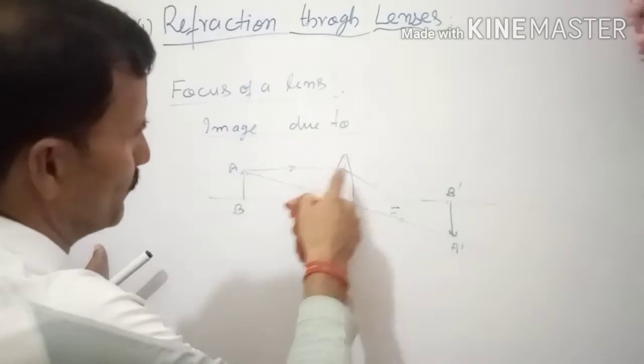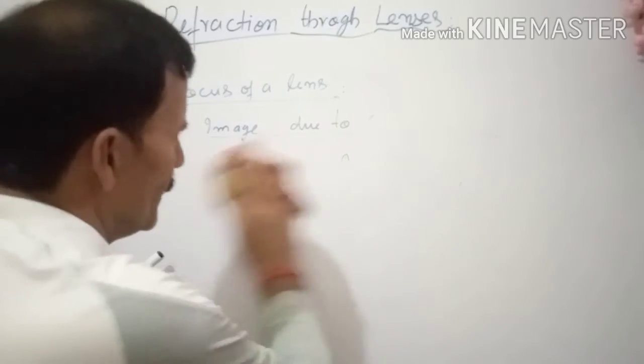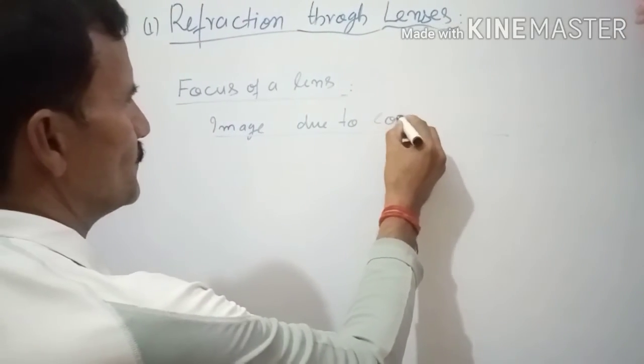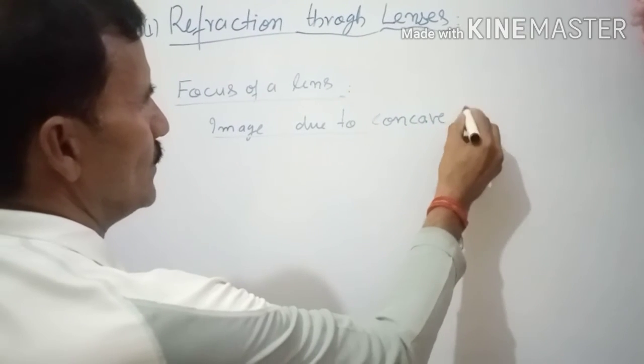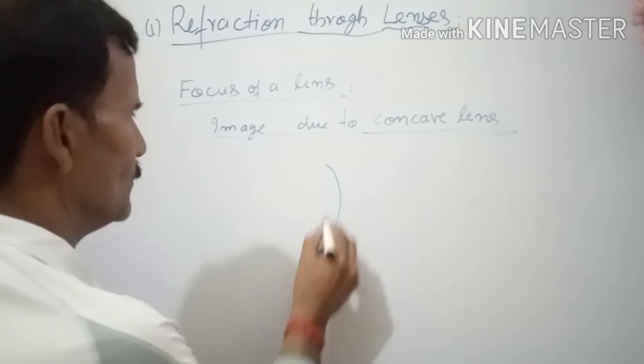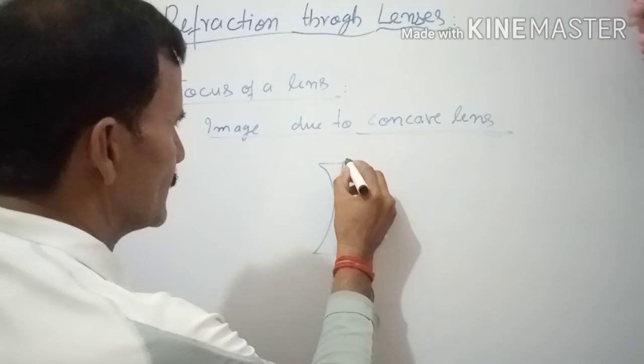Take two rays, one ray parallel to the principal axis, so it will pass through the focus. And now take the image due to a concave lens. Then again, what are you going to do? Here it is slightly different, but the concept is the same.